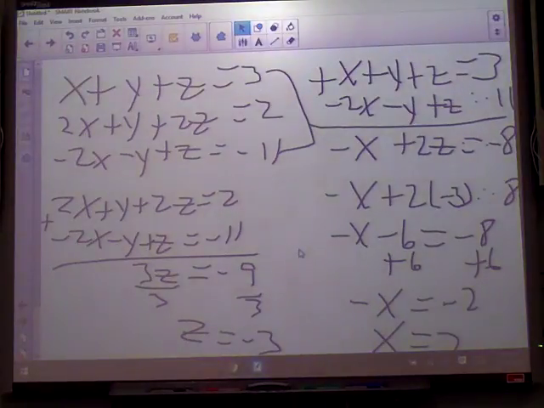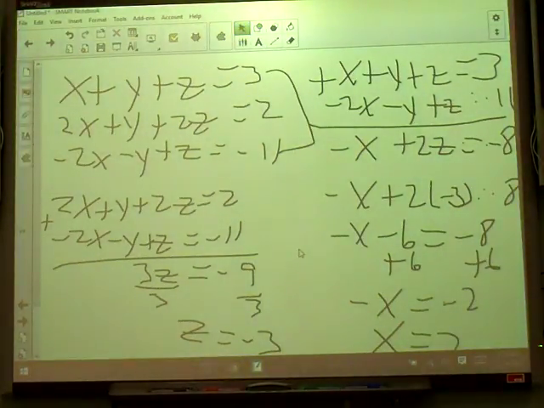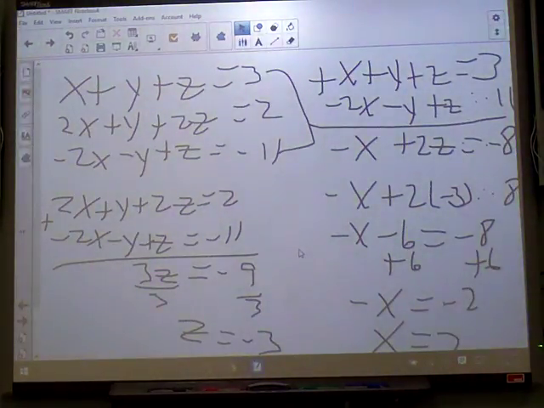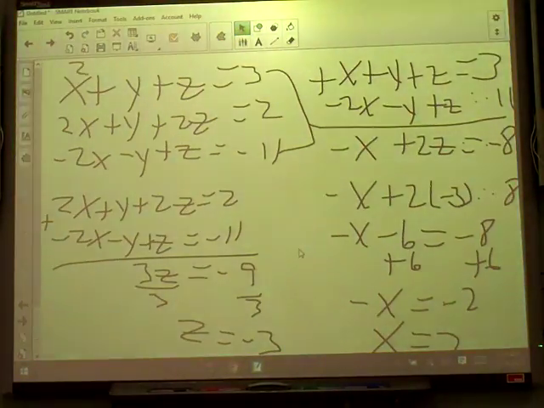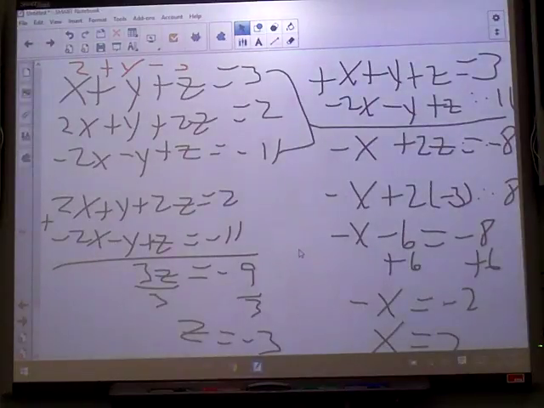So I'm going to plug those back into one of the original ones. That top one there: 2 plus y plus negative 3 is equal to 3.